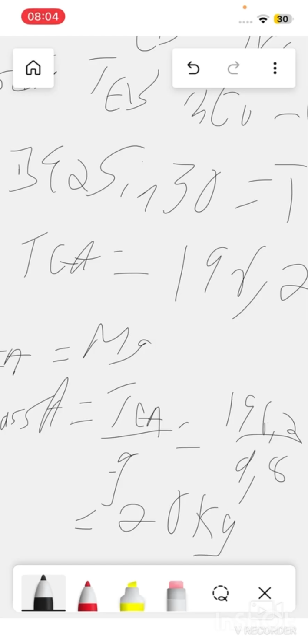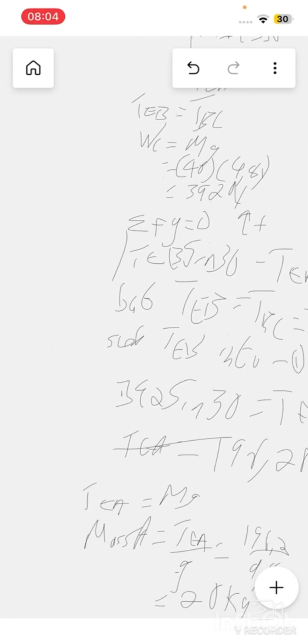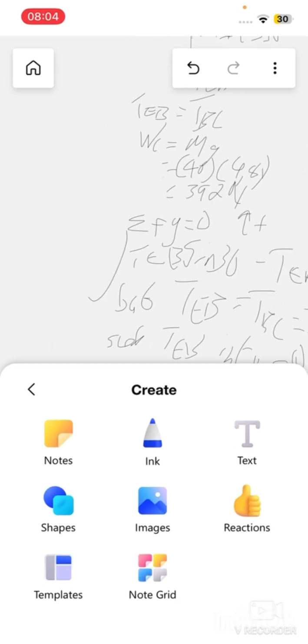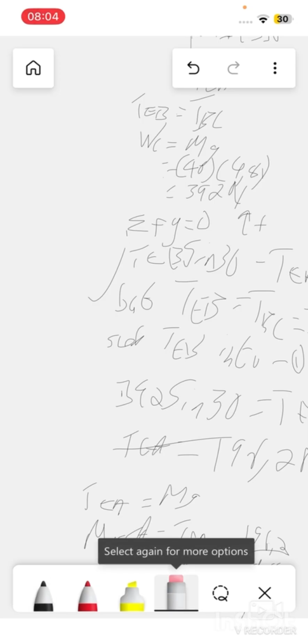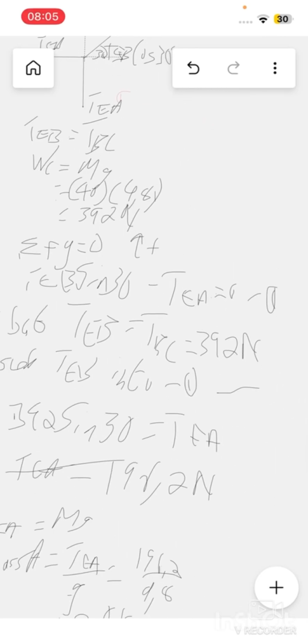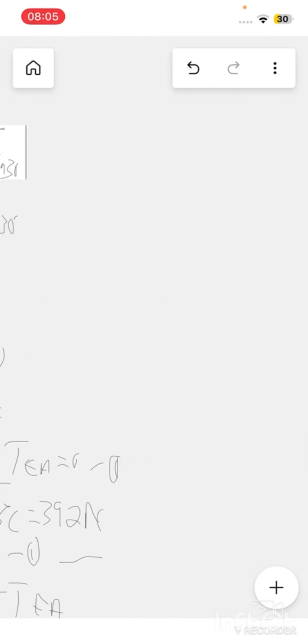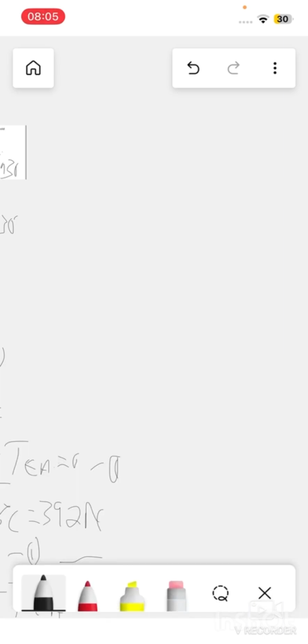If you are given that, you should draw the free body diagram for the body of B. Let's just draw it first.